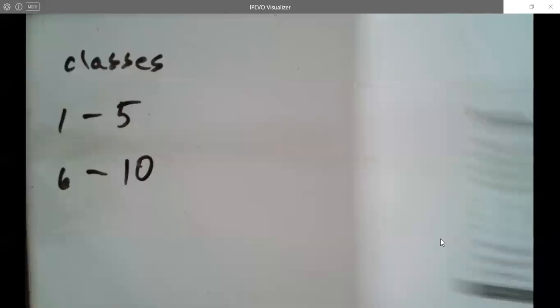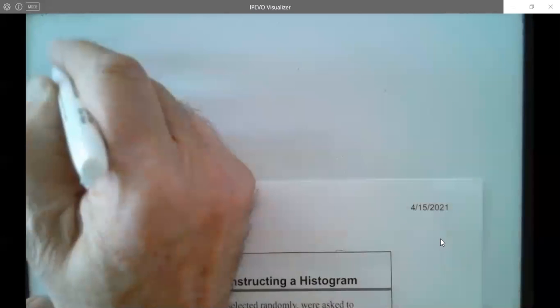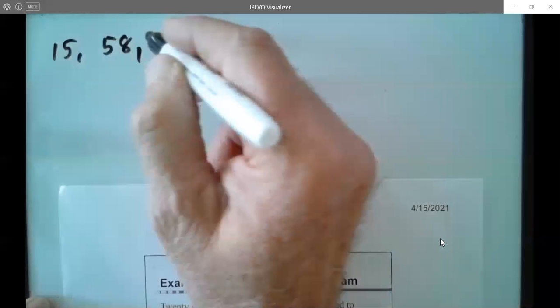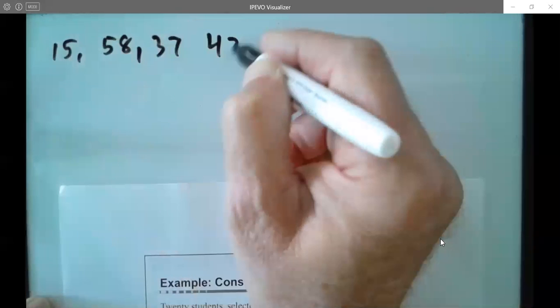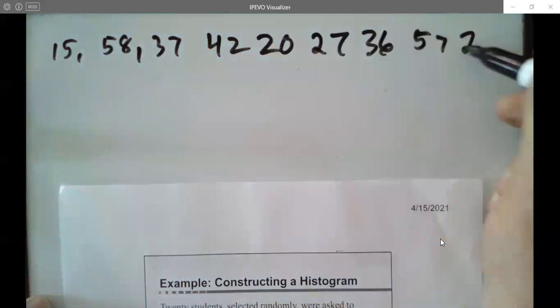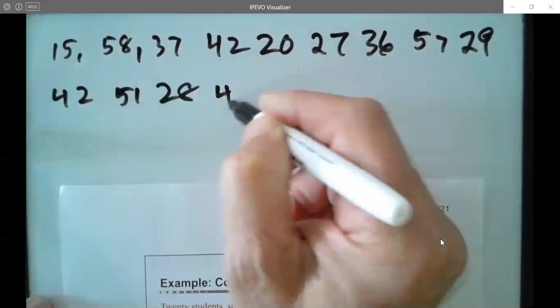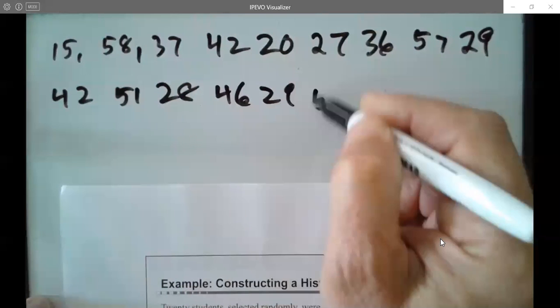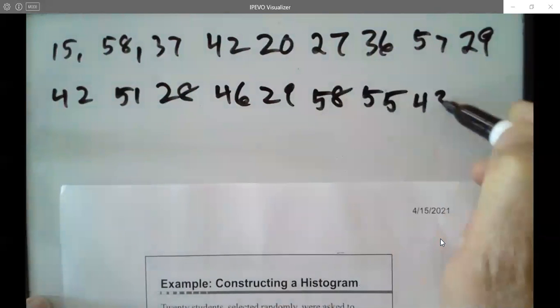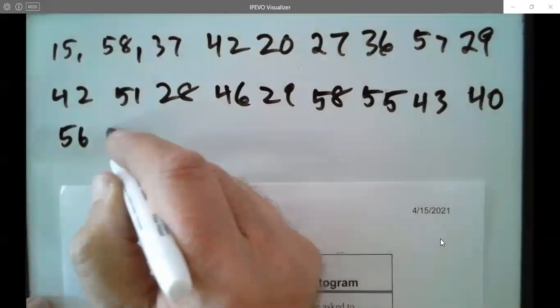Okay, so let's rewrite this data. So we have 15, 58, 37, 42, 20, 27, 36, 57, 29, 42, 51, 28, 46, 29, 58, 55, 43, 40, 56, and 36.